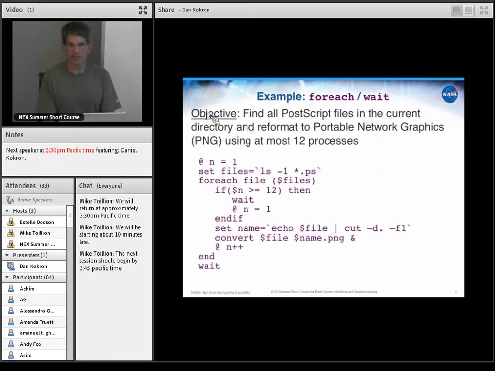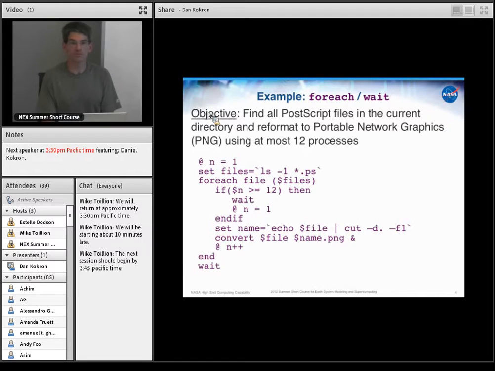The star is a wildcard. This is ls -1, so we have output from the ls command one line at a time, and that's saved into the files variable. For each of those files, we create a file placeholder, and the file placeholder will take on successively each value that's in the files variable.